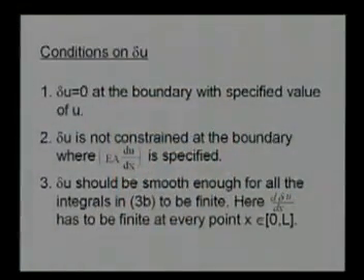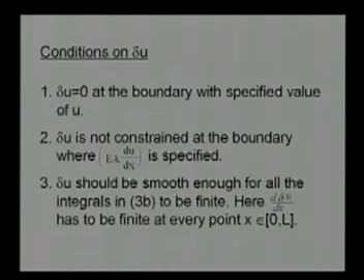Next, let us now look at the properties of this variation delta u that we are going to use in our formulation in future. Now let us look at the conditions that our delta u, or the variation of u, has to satisfy, or the virtual displacement has to satisfy.